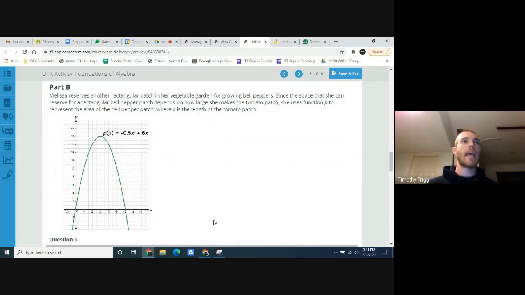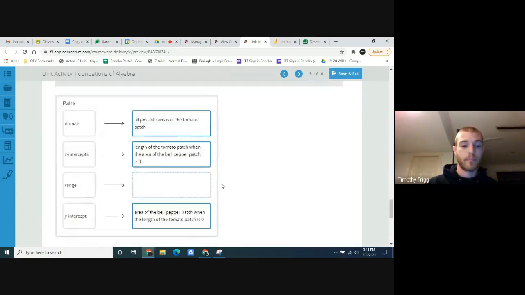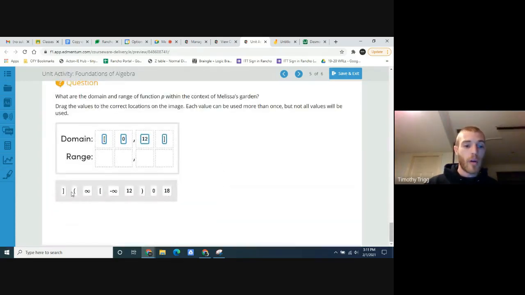That doesn't make sense to have a negative area of a gardening patch. So the lowest it can be is 0, realistically. You could have 0 area for the patch, right? In other words, you just won't have bell peppers. And then the highest point would be the maximum of the range, in this case 18. So the range goes from 0 to 18.